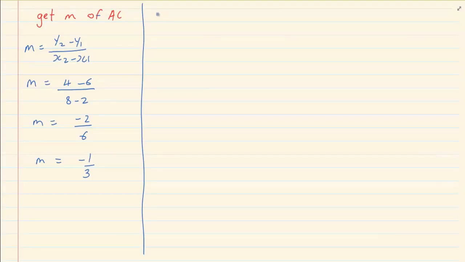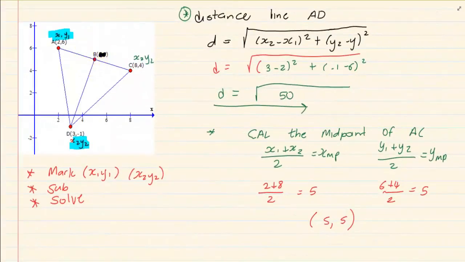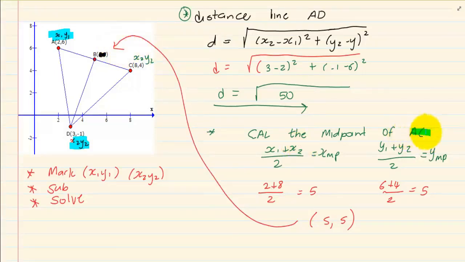Right. And then they say calculate the gradient of BD. Now, if you look at B, we have calculated B from here where they said calculate the midpoint of AC. Now, AC was this line. So, the midpoint is at B, which is now 5 and 5. Now, how do we calculate the gradient of BD? We know we've already marked D as x2, y2. So what we're going to do is mark this as x1, y1.